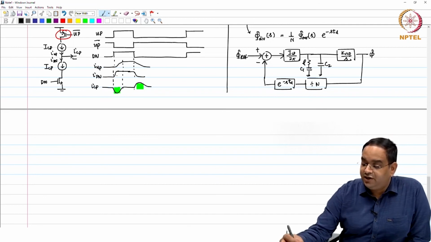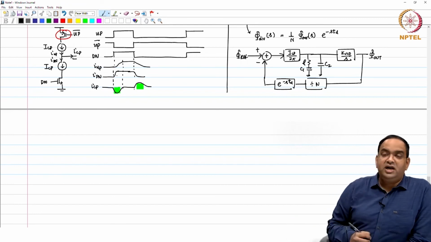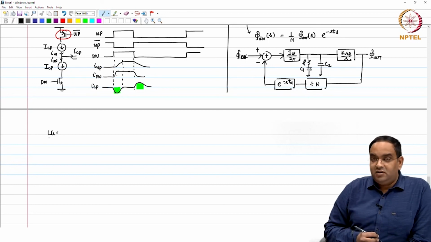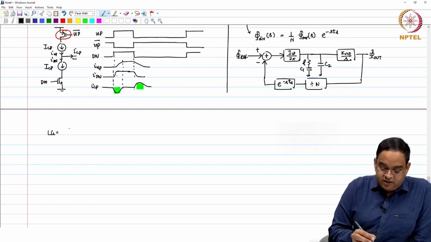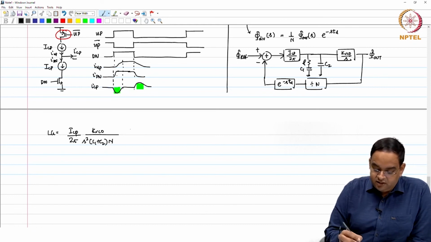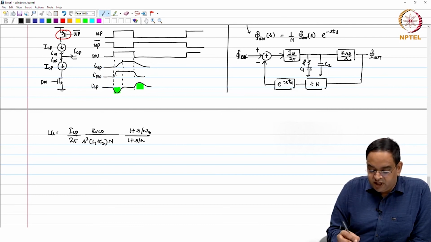which in turn means that the loop gain for the PLL is ICP by 2 pi, okay, KVCO over S square C1 C2 n times 1 plus S by omega z over 1 plus S by omega p3, times e power minus s t d.